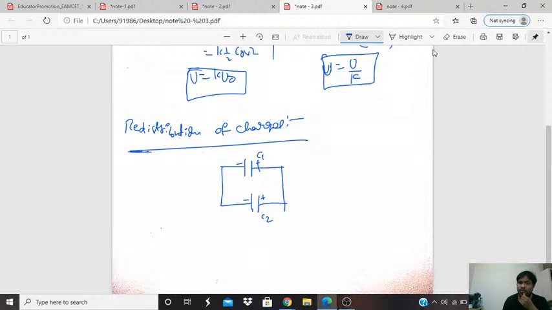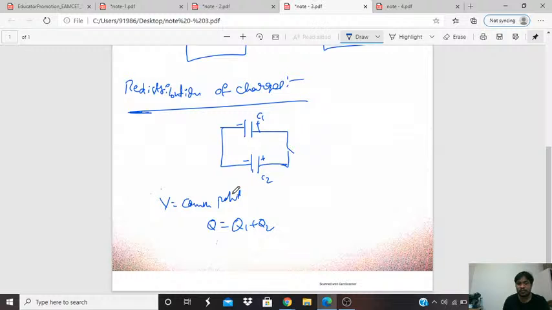Okay, now. So here something like a switch. So connected like this. See, here charge Q1, here charge Q2. Whenever they are connected directly, what will happen is you will get a common potential V. And what about the total charge according to conservation of charge? Here Q1 in C1, Q2 in C2. So Q equal to Q1 plus Q2.